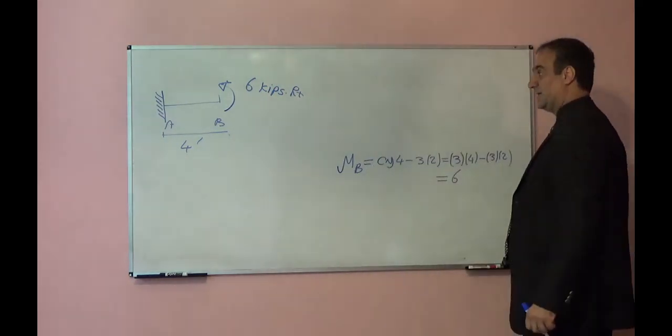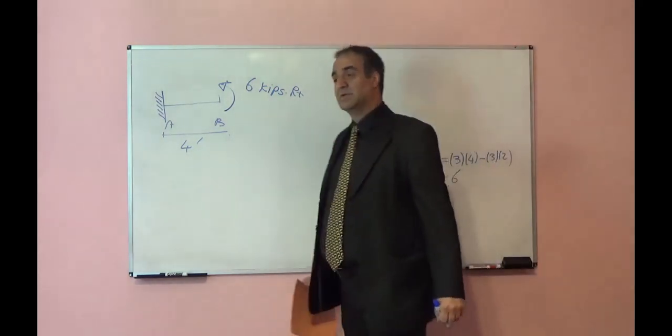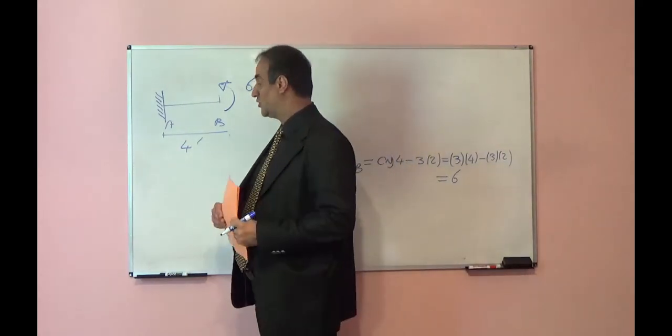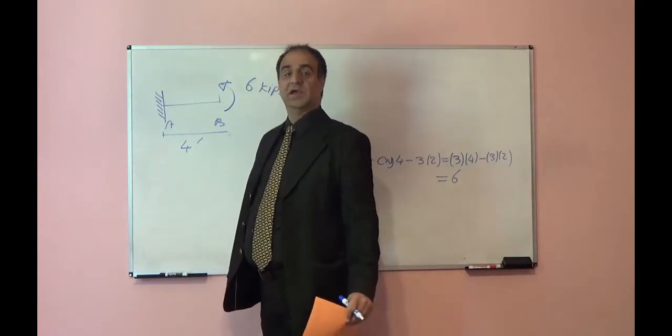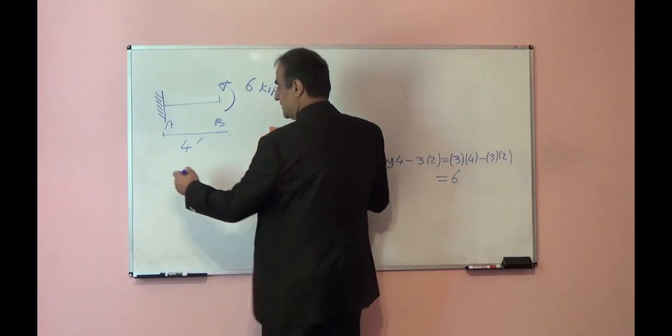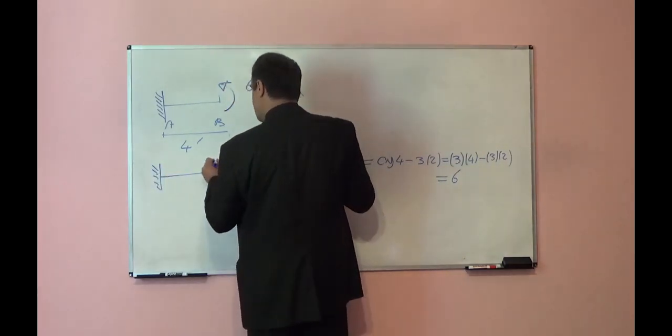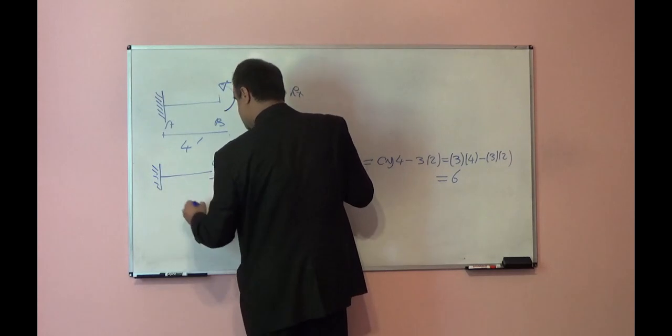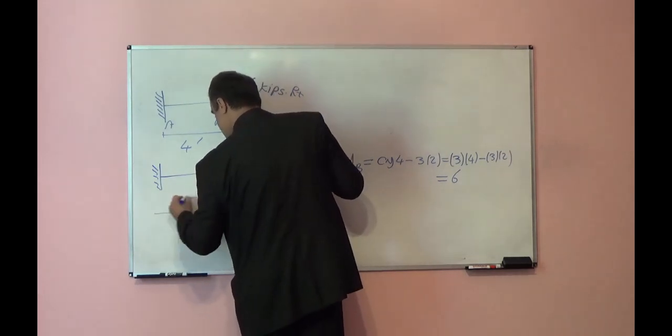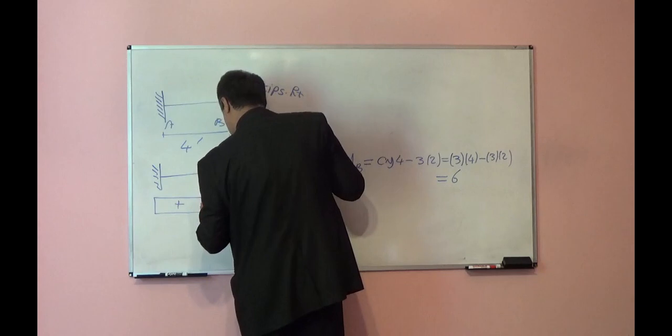Now, if we have one cantilever beam subjected to a moment at the free end, what is the deflection? We can find that from the virtual work method. If I have M here, what is the moment diagram for this? It will be one rectangular M.